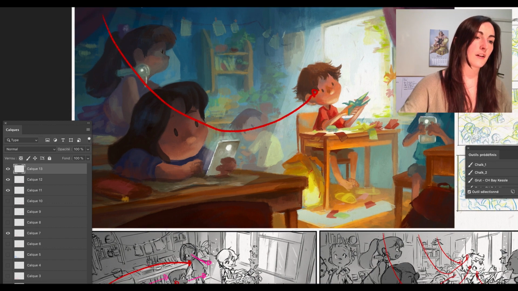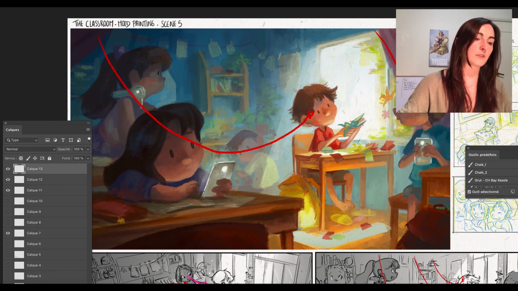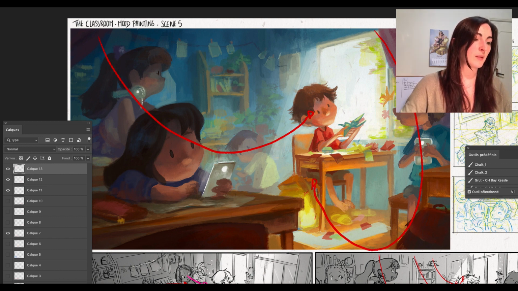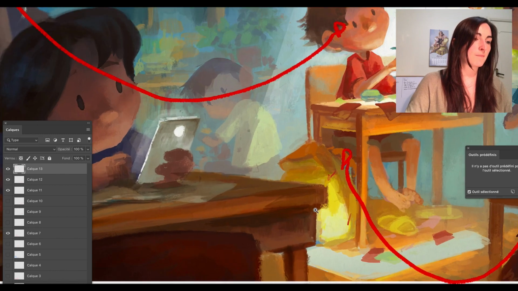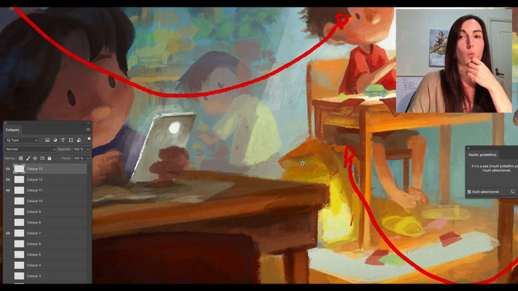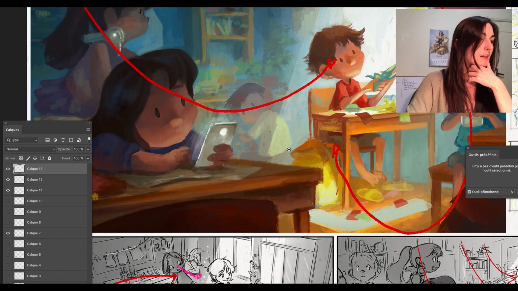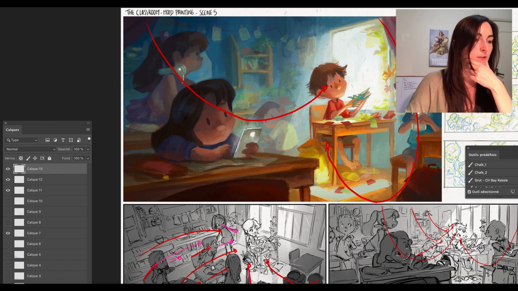And actually here, I wanted to have it a bit more closed. Same with the element here. You see you have this bag, this strong warm color that is contrasting with the blue behind. And actually it also creates this nice curve.